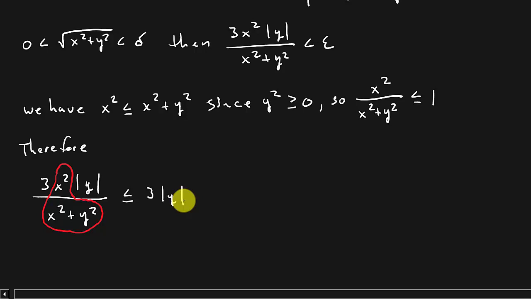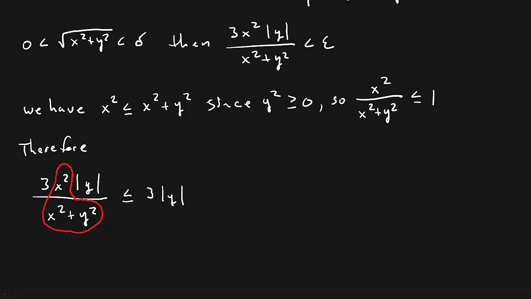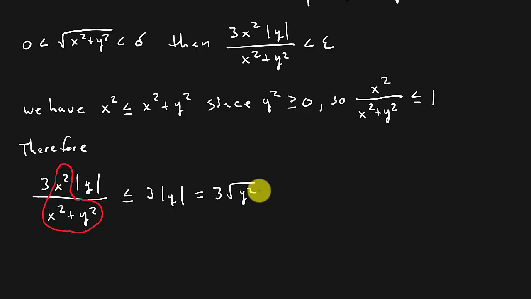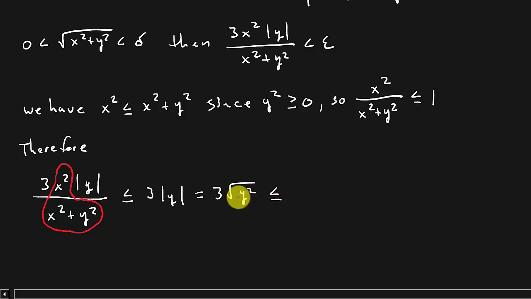Because if this is 1, then it's equal to that. If it's less than 1, then this over here is less than this. And we know that this is equal to 3 times the square root of y squared, which is less than or equal to 3 times what?